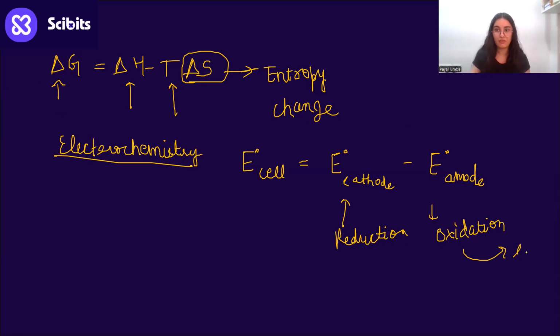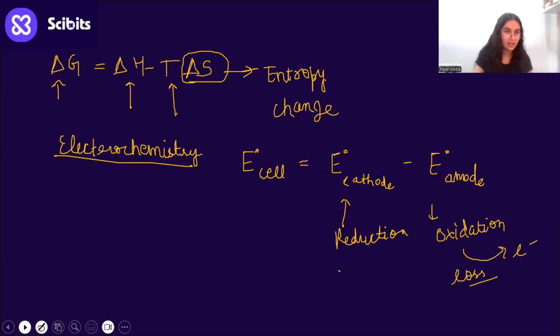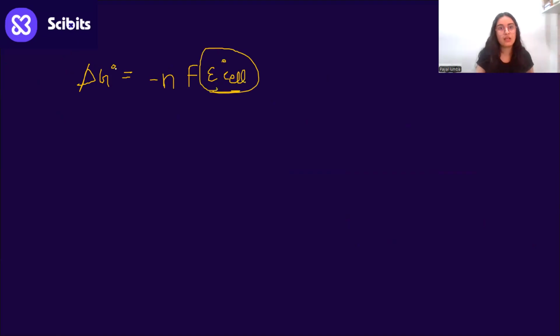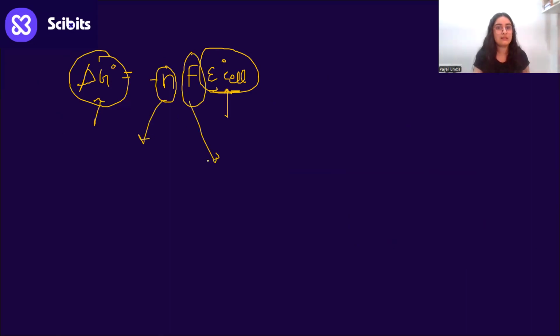Oxidation is the loss of electrons. Reduction is gain of electrons. Now I will write two equations. Delta G equals minus nF E naught of cell. This is the relationship between free energy and the electrode potential. n is the number of electrons, and F is Faraday's constant.